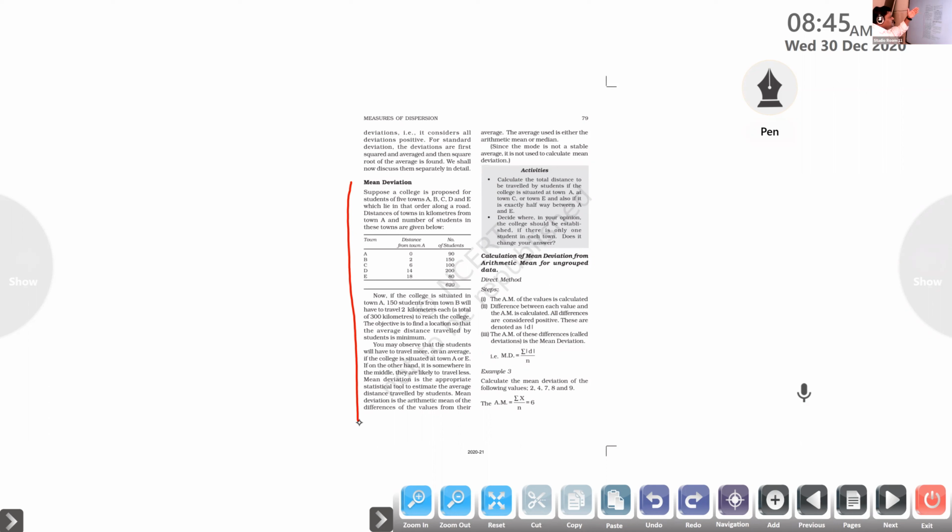So distance of towns in kilometers from town A and the number of students in these towns are given below.